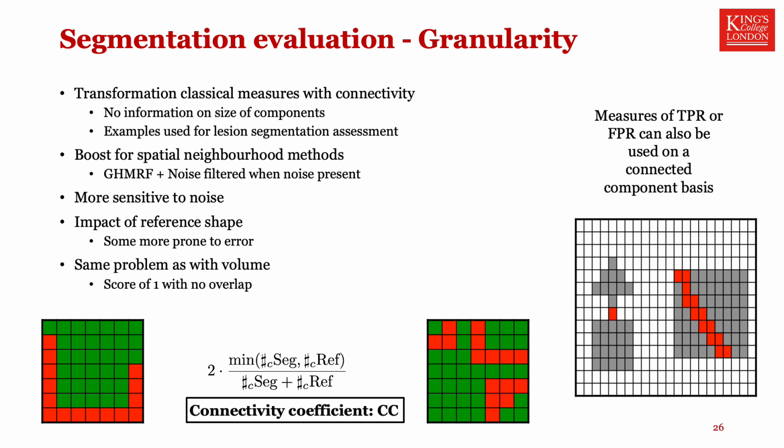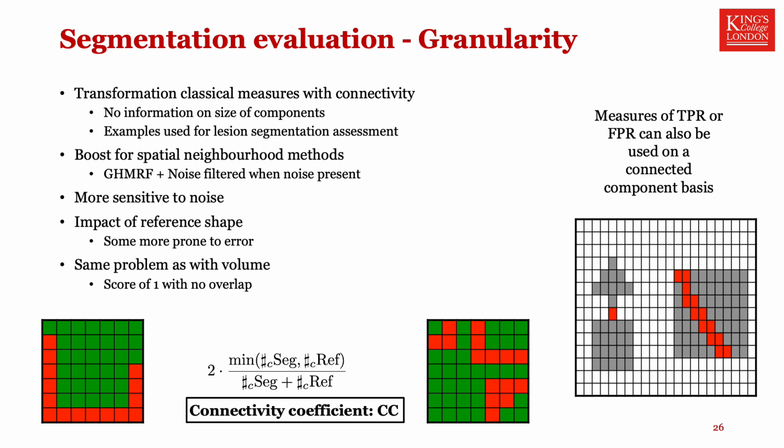And so we have ways of evaluating the granularity by using the connectivity coefficient, where basically you are taking the minimum of connected components for the segmentation and reference, and you divide by the sum of the ones that you observe for both.